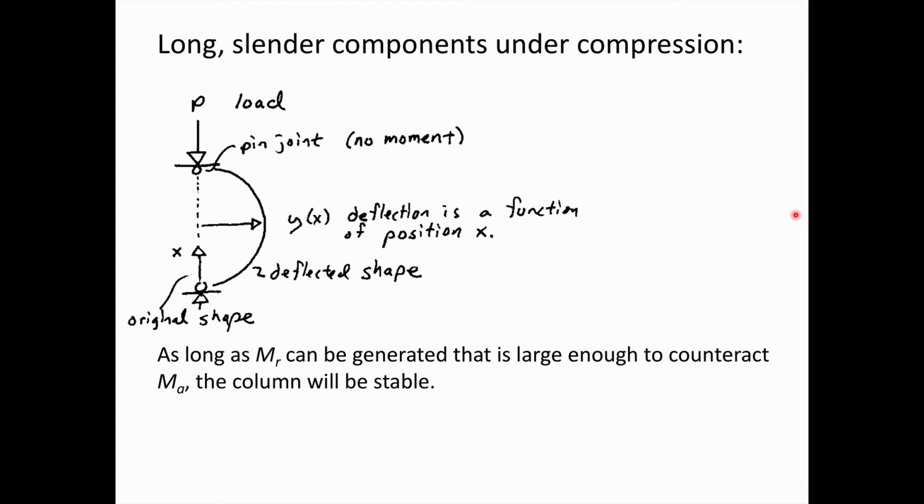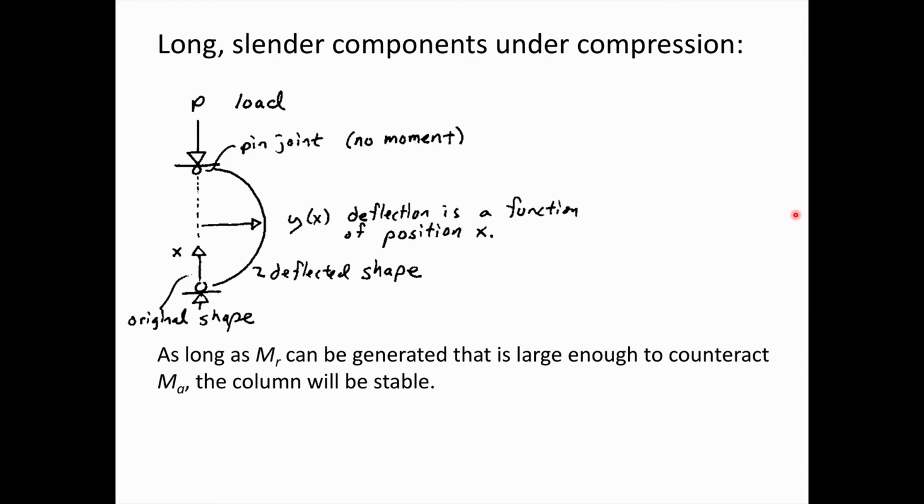Okay, so one of the main mechanical ideas here, as long as the restoring moment from the elastic nature of the material can be generated that's large enough to counteract the applied moment, the column will be stable. So there's this balance between these two. We can have equilibrium, static equilibrium, if these can be equal.